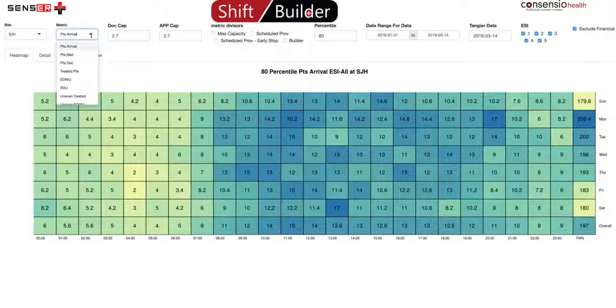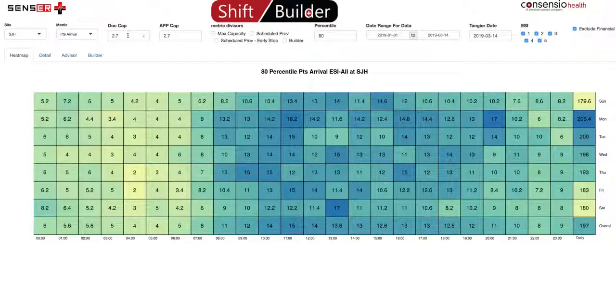In this brief introduction, I won't go over all of them, but the idea is you want to choose a metric that's a good representation of the work demand on the physician. We have a variety of them, anywhere from the number of patients arriving to the emergency department, the number of patients arriving to a bed, the number of patients a physician is treating at one time, the revenue value units, and such.